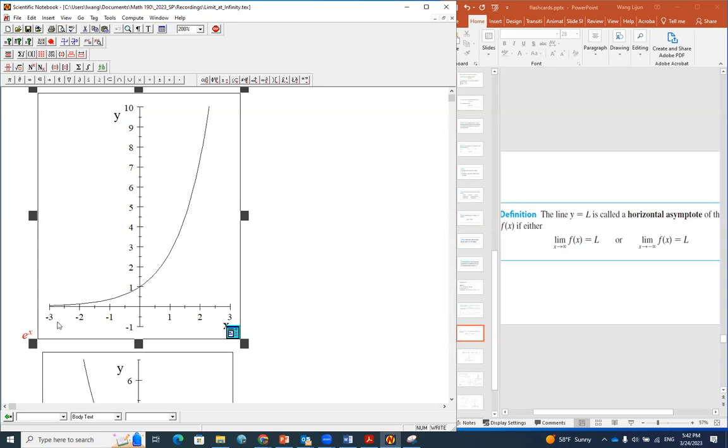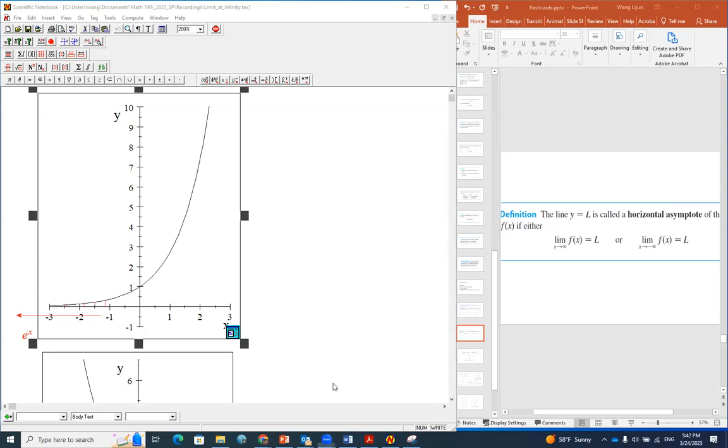You can see this curve as x is approaching negative infinity, and the height, the function value, is getting shorter and shorter as x is approaching negative infinity in this way. As x is getting negatively large, the function's value is from here, even shorter. So it's getting closer and closer to 0.